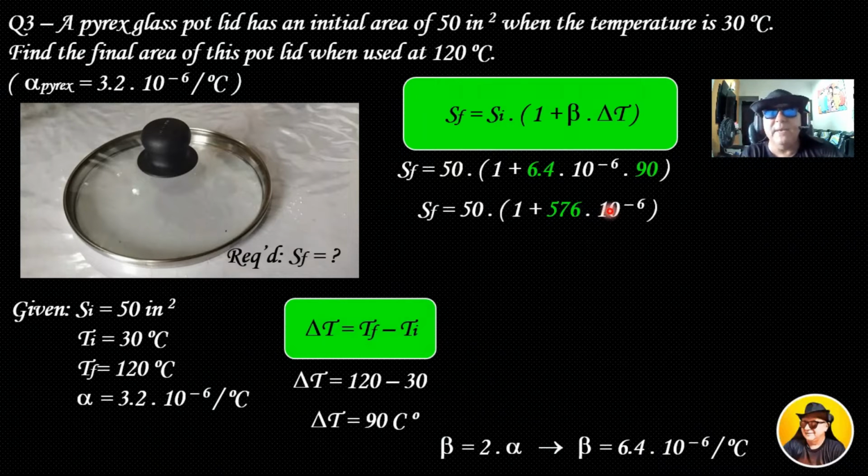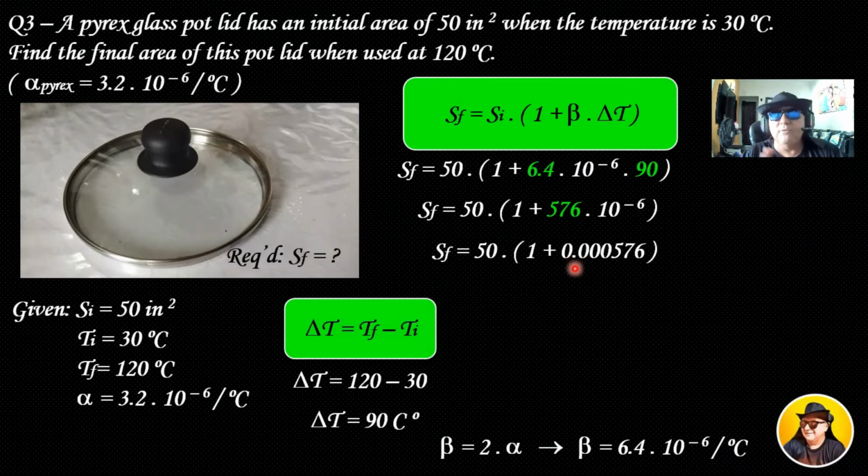It means that I'm going to move the point 6 spaces to the left. The point is here. Let's move 6 spaces: 1, 2, 3, I need to move 3 more spaces. 4, 5, 6 spaces. So the point is going to be right here.